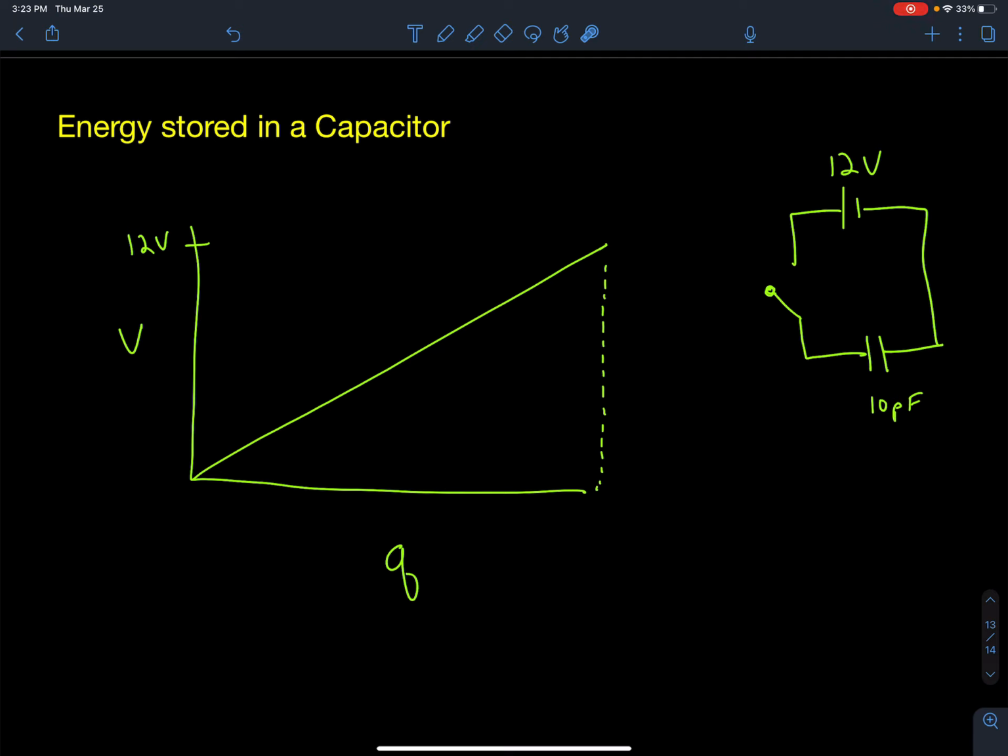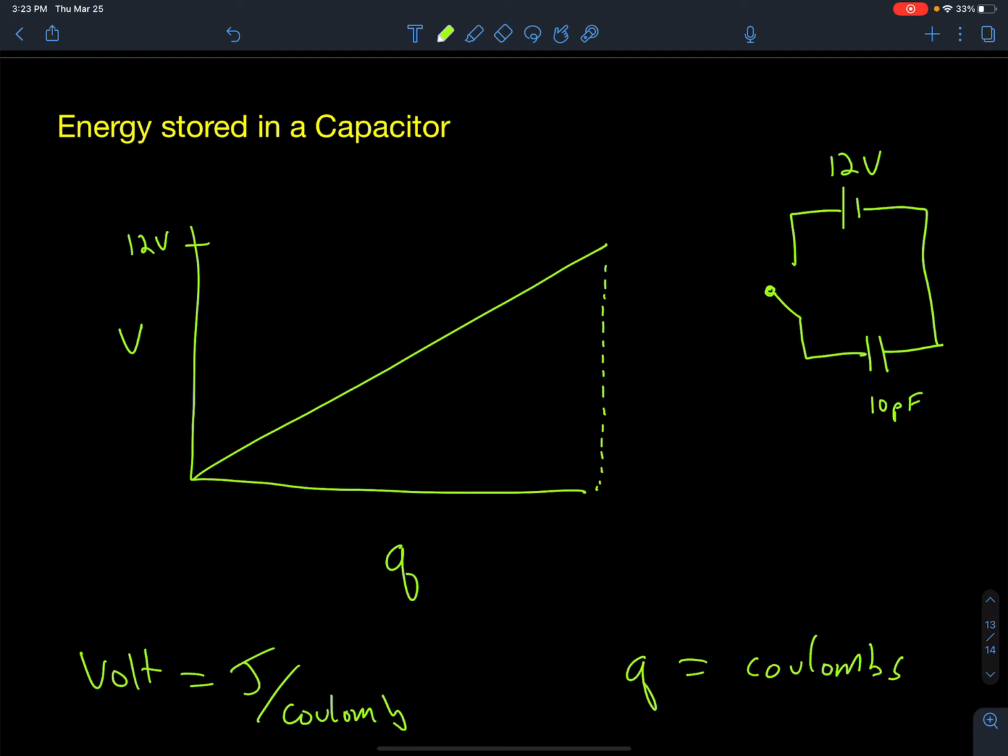Well, let's just stop for a second and think. A volt is joules per coulomb, and charge is coulombs. So if I multiply these two together, I will get joules. That's something we worked with a lot. When you take a voltage and multiply it by the charge that's moving through that voltage, that gives you joules.